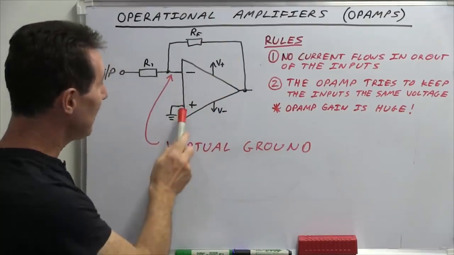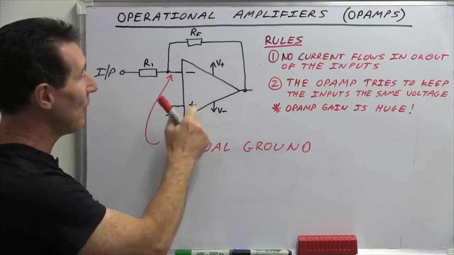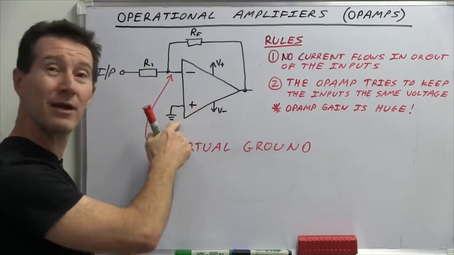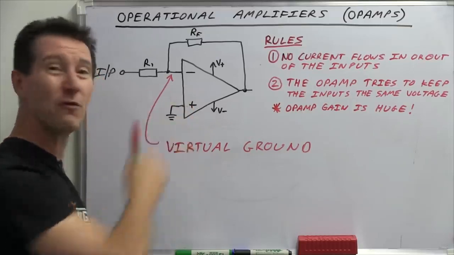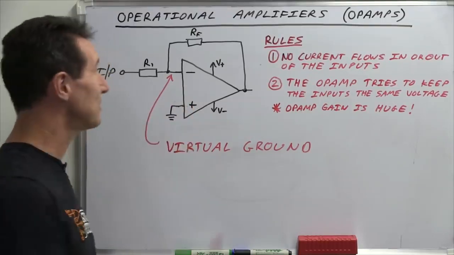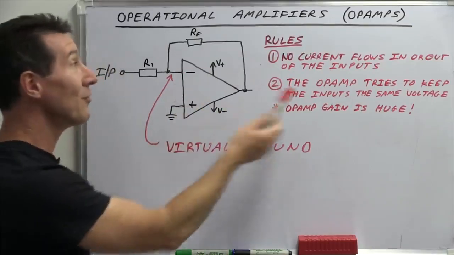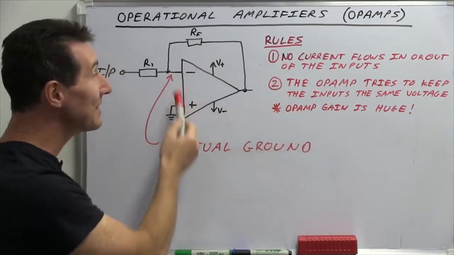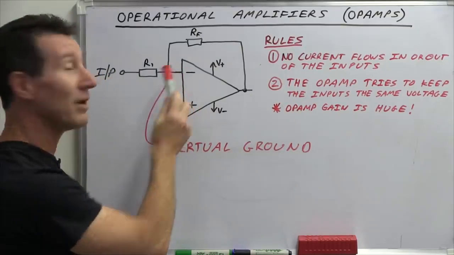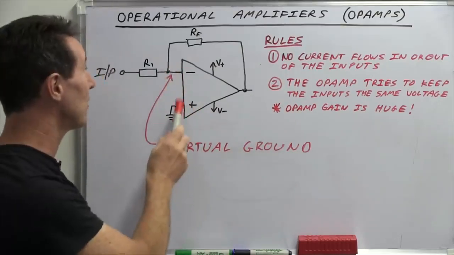So we've actually connected our non-inverting input down to ground here. It's connected to ground. We've forced it to ground. It's never going to change. So what is the inverting input here going to do? Well, of course, rule number 2, it's going to be identical. It's going to be the same. So this point is also going to be ground, or 0 volts.